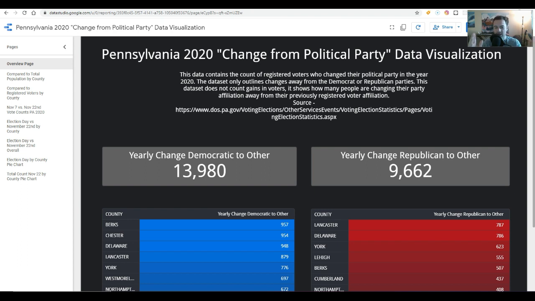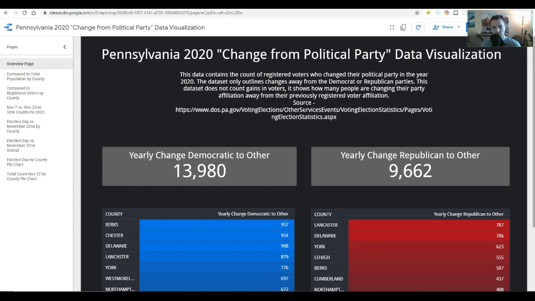What I did with this was pull the data in an attempt to show the mood, if you will, in Pennsylvania, of what people are feeling. Because when people go in and change their political affiliation, that may indicate a clear leaning one way or the other, and it could maybe help us understand what the mood or the temperature is in any given area. That's my opinion and my interpretation of it.